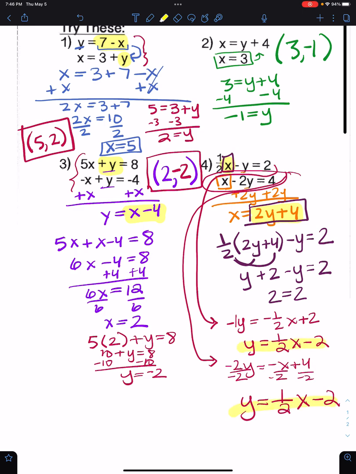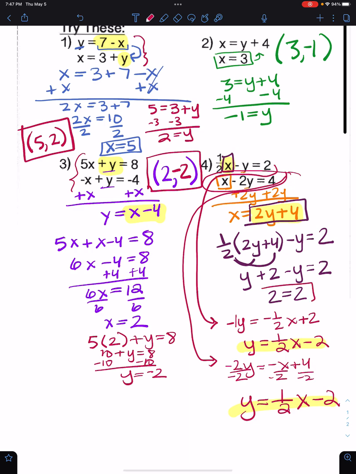And remember when we graphed lines to see where they were going to meet, if they were the same line and they perfectly overlapped, then there was an infinite number of solutions. So you don't even really have to go to the trouble of putting them both in slope-intercept form.